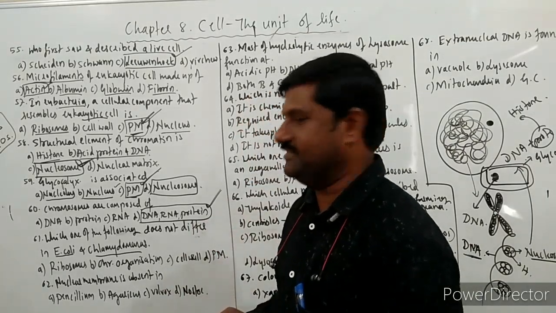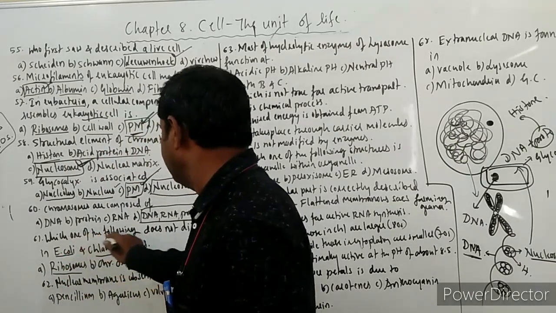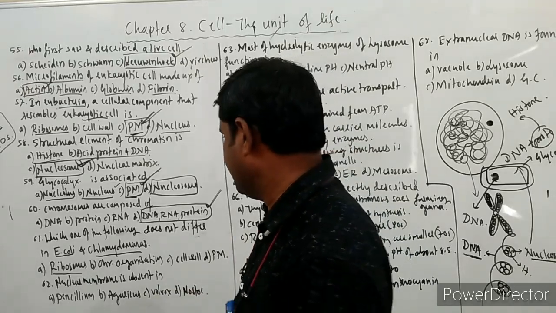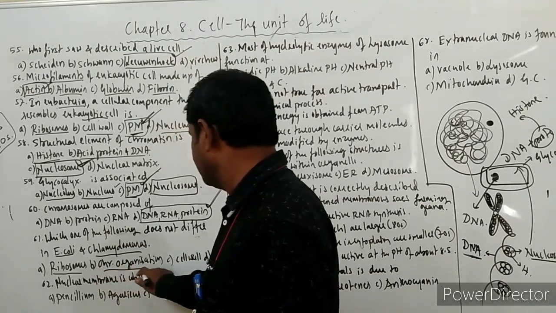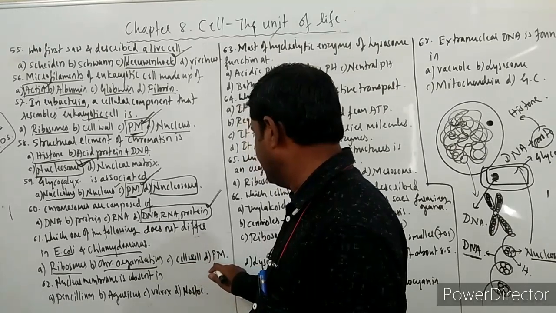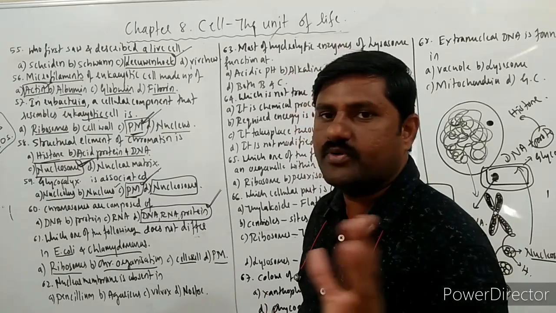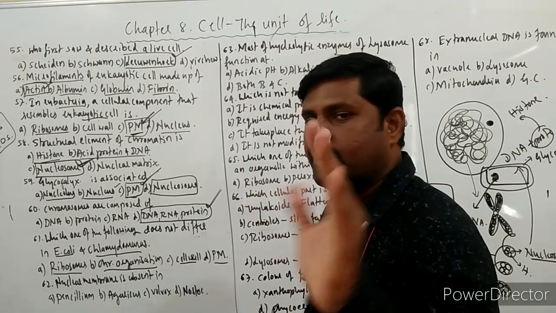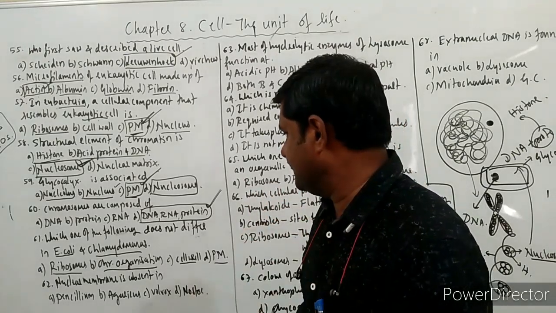What are the options? Let us see. Which one of the following does not differ? One is ribosomes, option B is chromosomal organization, and option C is cell wall as well as plasma membrane. So in both the cells, the structural component is similar.